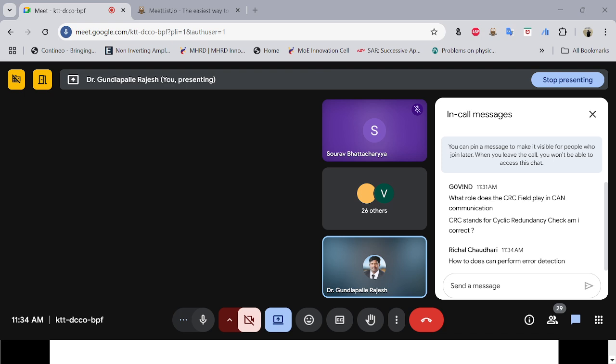Now how do they work? First it will wait for the intermission field. The intermission field specifies that one data frame has been sent and a new data frame is going to be received. So first it will transmit the SOF, the start of the frame, then transmit the next arbitration bit.